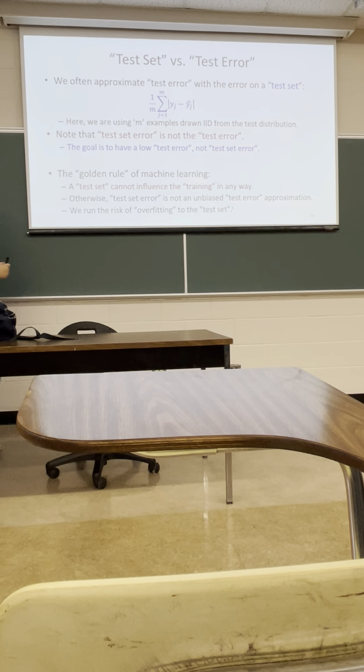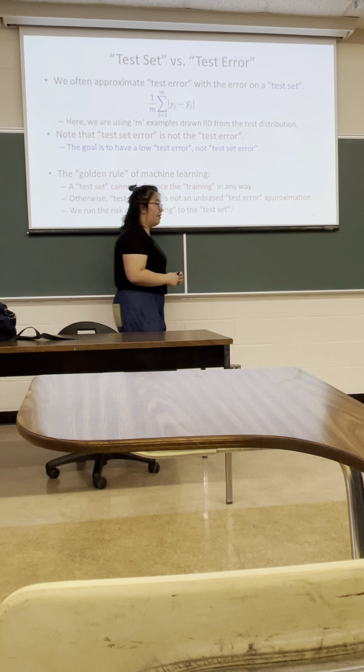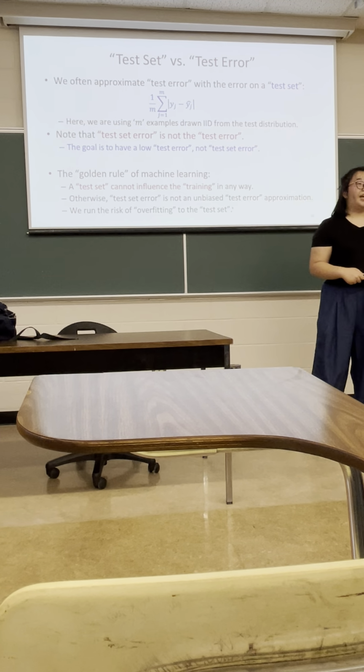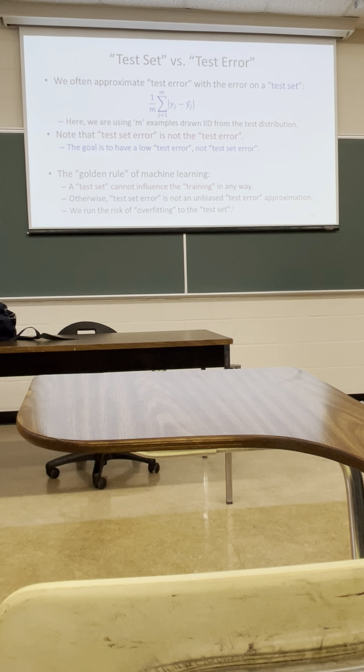There's a golden rule that we typically follow in machine learning: you cannot include your test set during your training process. Otherwise, you're cheating, right? The test set should be used after finishing all the training process. So the number one rule is that the test set can never influence the training process.